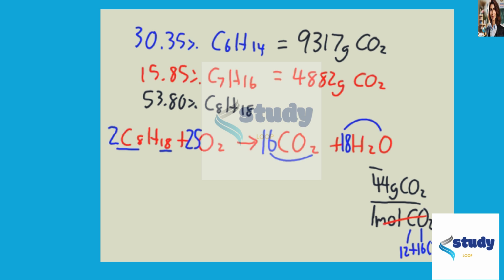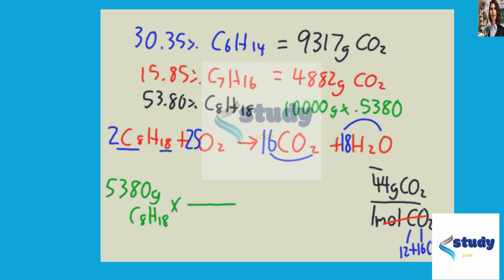From before, we know we've got 10,000 grams of fuel, and we'll multiply it by the decimal form of the percentage, thus equaling 5,380 grams of C8H18 is what's going to combust. Now, from there, we will calculate the molar mass.